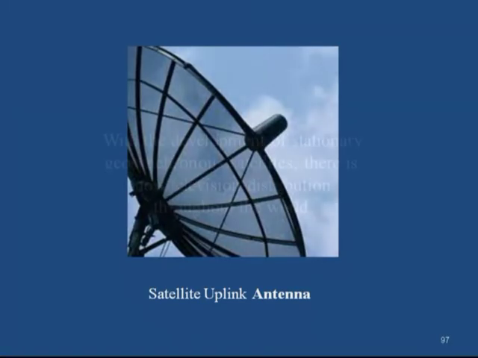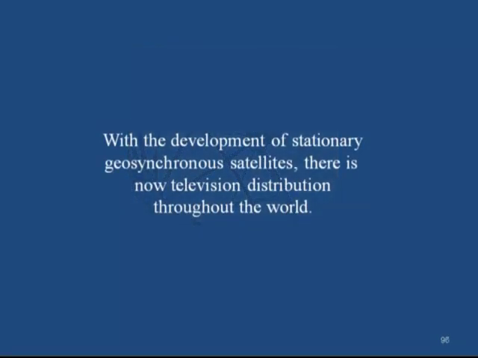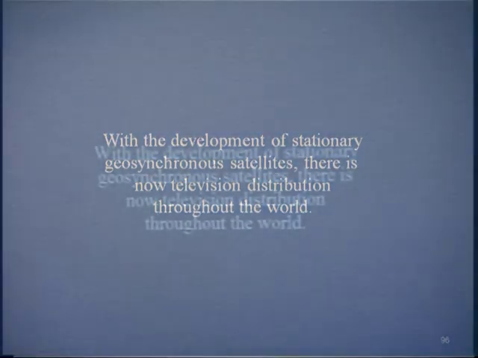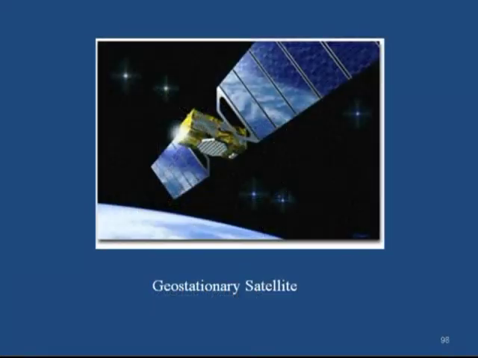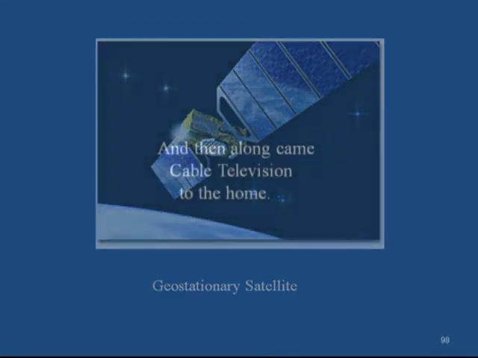And that improved somewhat. However, with the development of stationary geosynchronous satellites, there is now television distribution throughout the world. You'll see at many of the local television stations and cable operations these huge satellite uplink antennas. And I don't know how many geostationary satellites there are floating around the Earth. I really should check that out. Probably, I would say 50 or more.